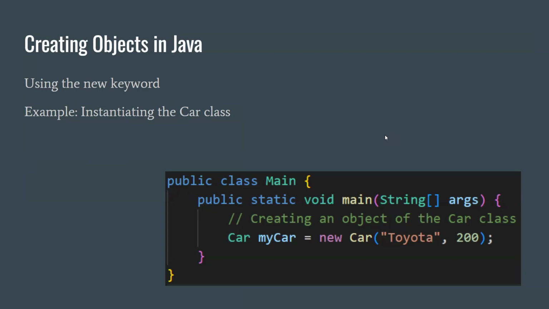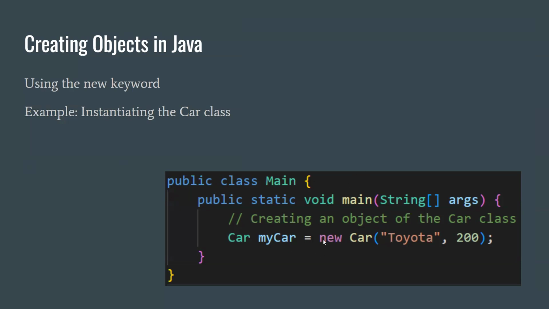Creating objects in Java. In order to create objects in Java, you use the new keyword. So for example, let's say you're creating a new Car object. Creating a new Car object involves specifying its class and using new to allocate memory for it.